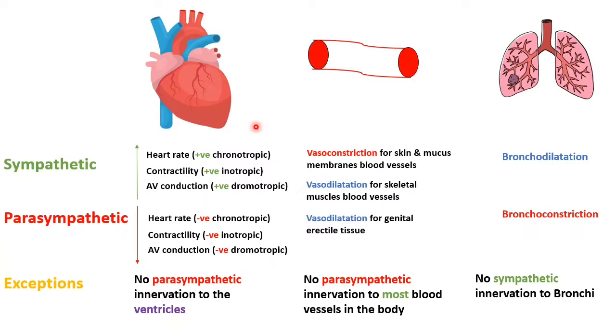How are bronchi dilated at the effect of sympathetic nervous system? Remember, sympathetic nervous system acts through the neurotransmitter released from its nerves, which is the noradrenaline or norepinephrine, as we mentioned in the previous lecture.